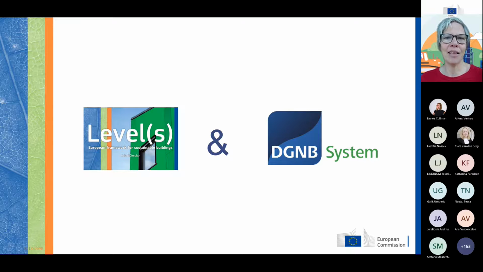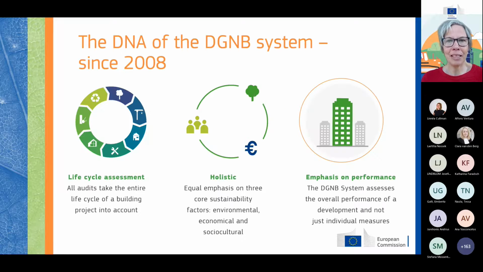The DGNB system is a scheme that was released in 2008 in its first version. And at that time, next slide, please, we said that there are three fundamental aspects that we want to put on the market.